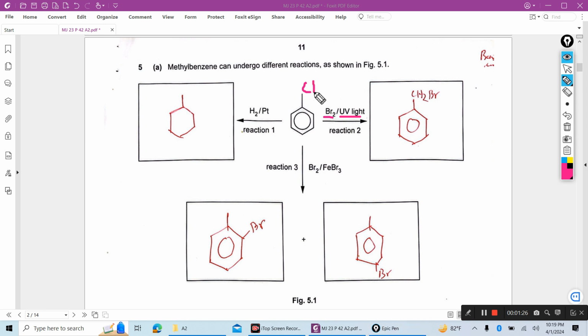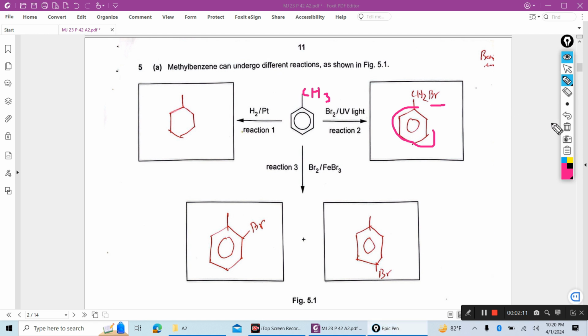Here there is CH3, so one hydrogen will be replaced by a bromine atom. CH3 will become CH2Br. This is a free radical substitution reaction. That's why in place of CH3 the product will be CH2Br, because one hydrogen is replaced by a bromine atom.